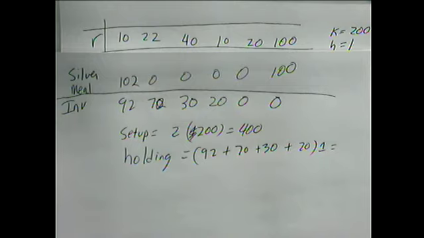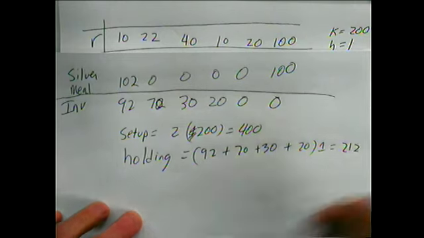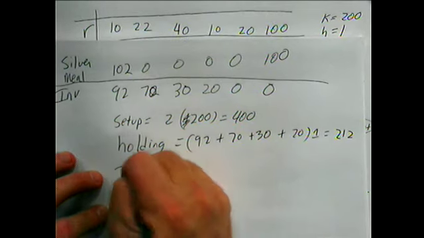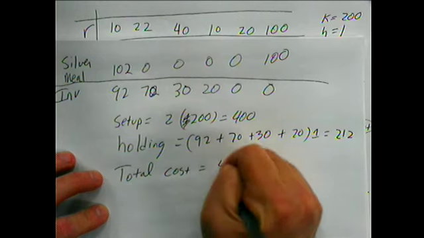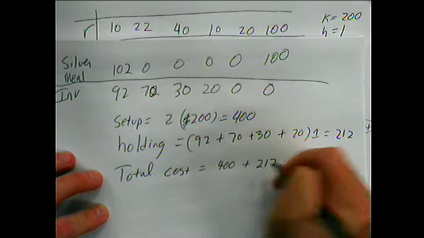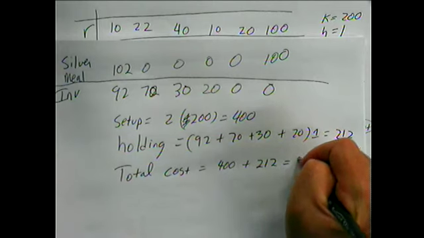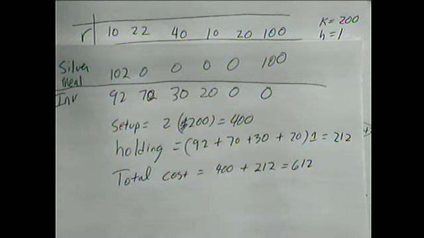Did I get all those? $212. So my total cost is 400 plus 212, which is what? $612.